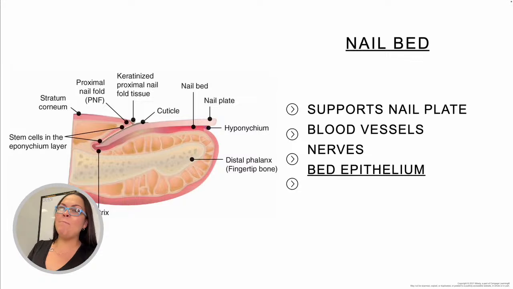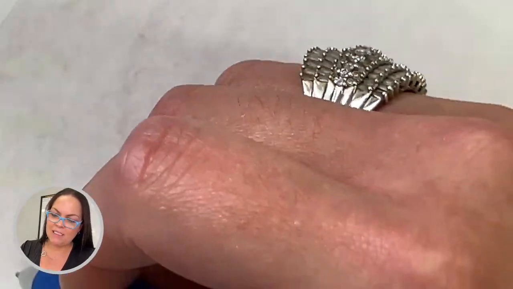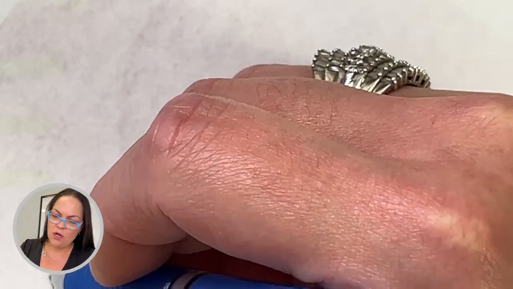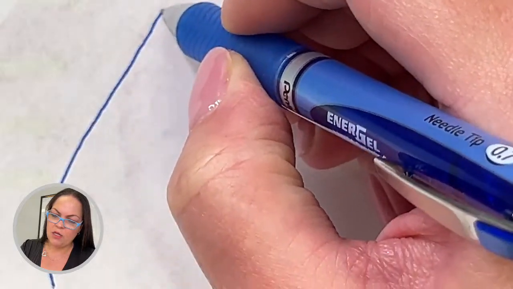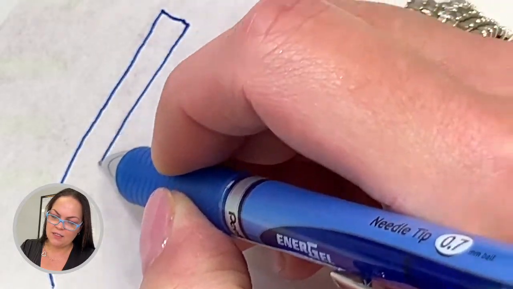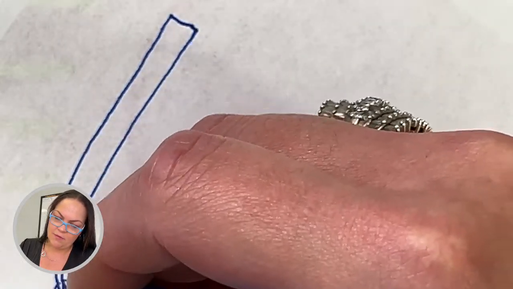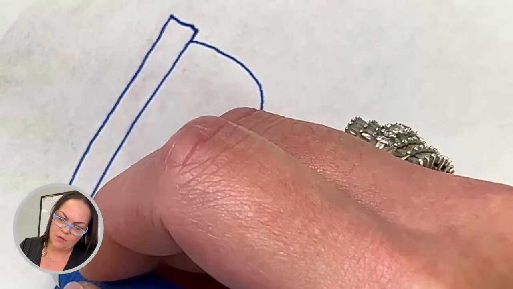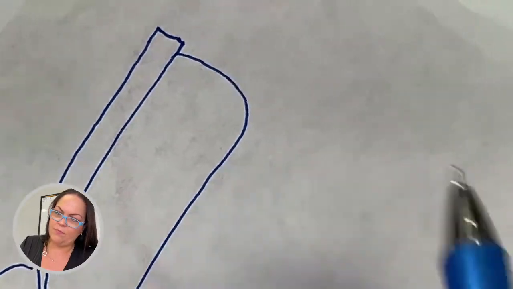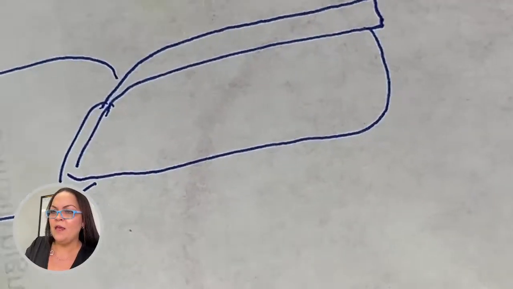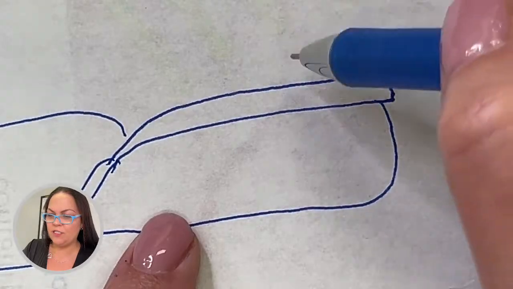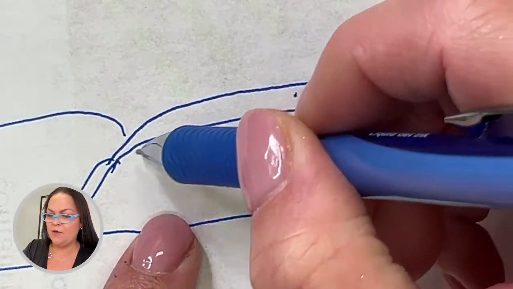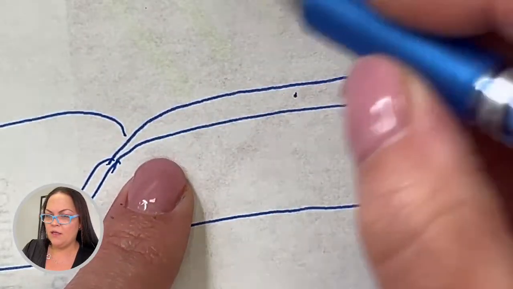I want you to imagine that underneath your nail plate, because it's very thin and you can barely see it, this is the nail plate, the matrix, my fingertip here. So here's my nail plate, and here is my nail bed underneath.